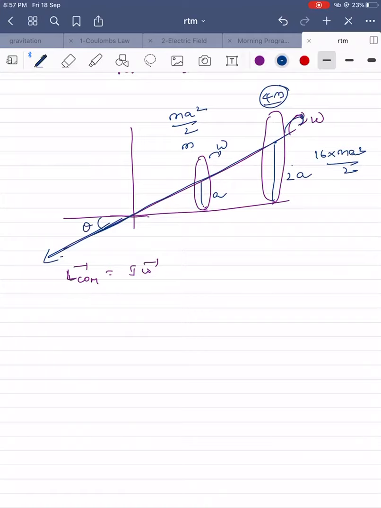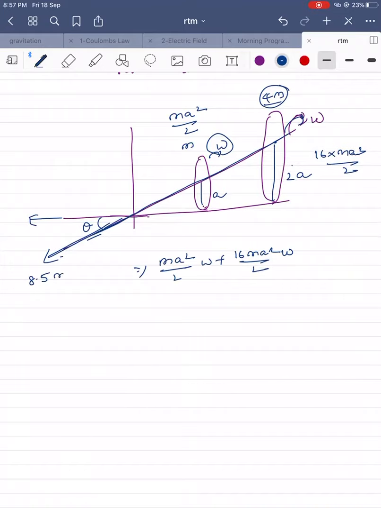Here is an angle theta, and if you resolve this, both are in the same direction. We can write ma square by 2 omega plus 16 ma square by 2 omega, which is equal to 8.5 ma square omega.